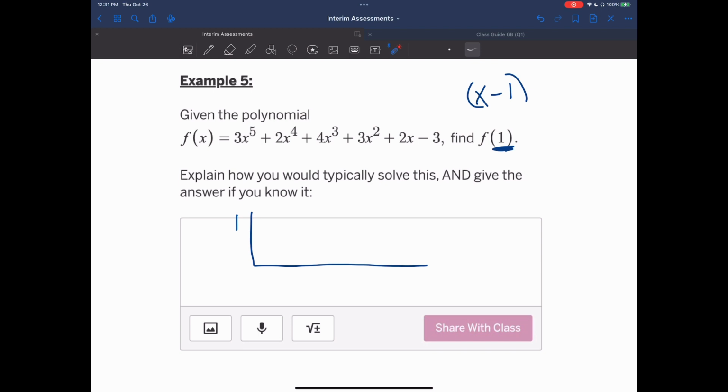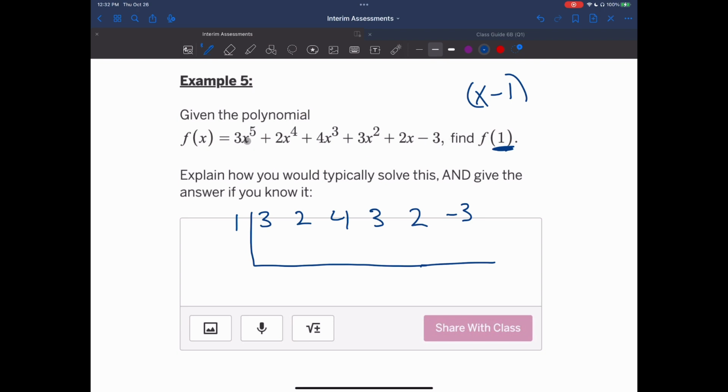So I can put a positive 1 out here. Let's check and see if we need any 0 placeholders. I've got an x to the 5th, 4th, 3rd, 2nd, 1, and then normal numbers. So we're good. We will write our coefficients as 3, 2, 4, 3, 2, and negative 3. Again, if you want to find f of 1, you could plug 1s in for everything and see what you get.